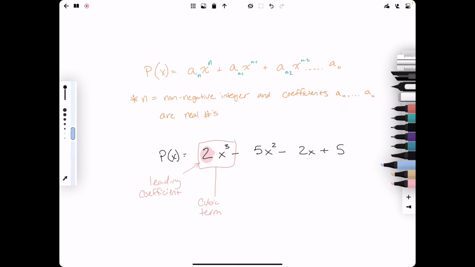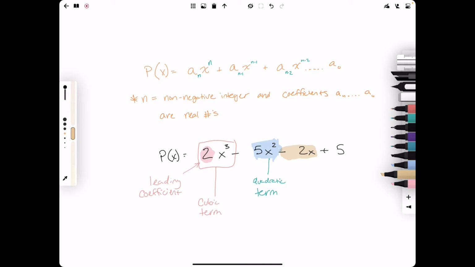Then what kind of term do you think this would be called? Not cubic, but squared. Quadratic. Yep, that's the quadratic term.